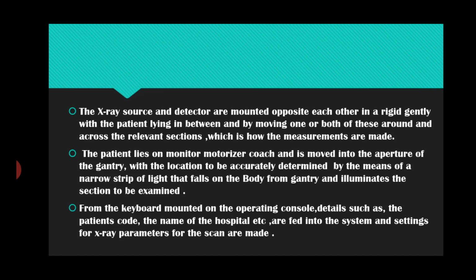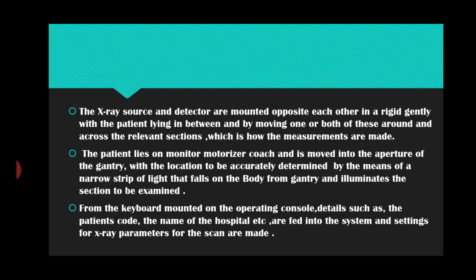The patient lies on a motorized couch and is moved into the aperture of the gantry, with the location to be accurately determined by means of a narrow strip of light that falls on the body from the gantry and illuminates the section to be examined.